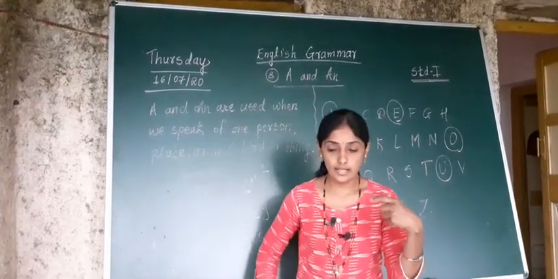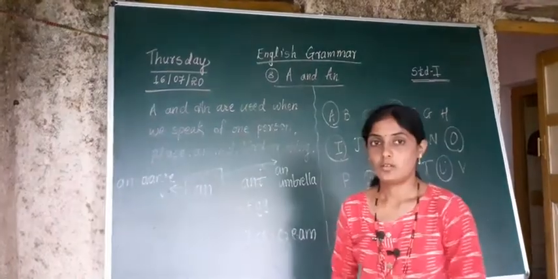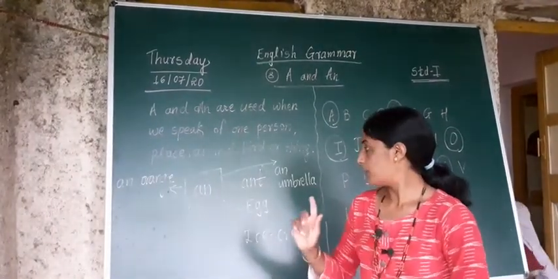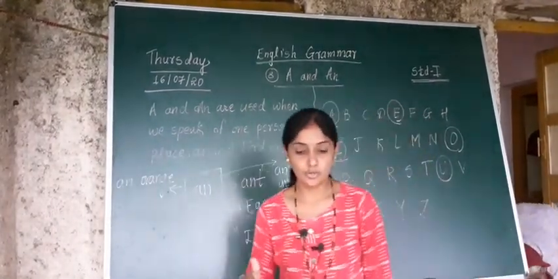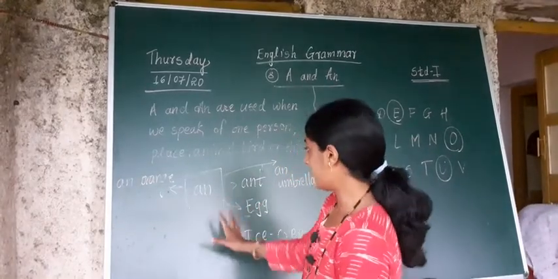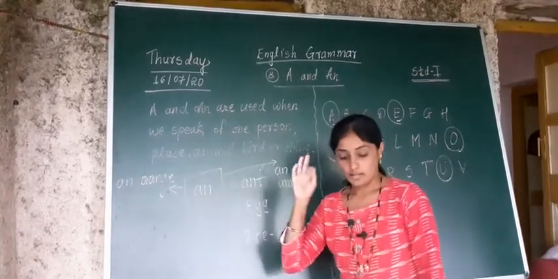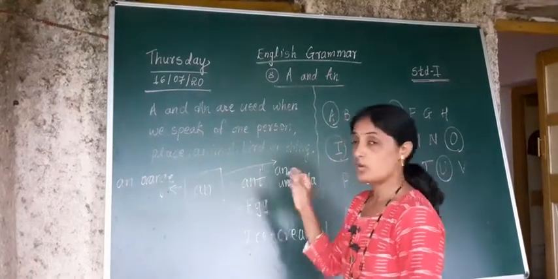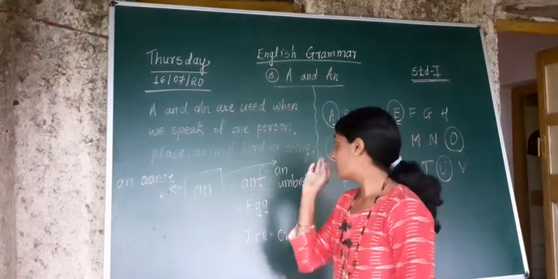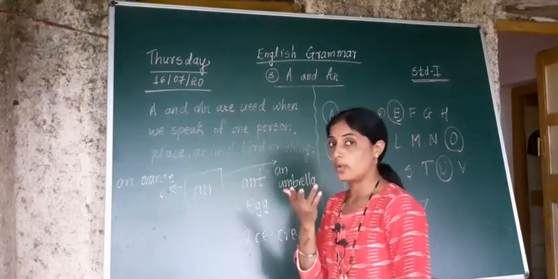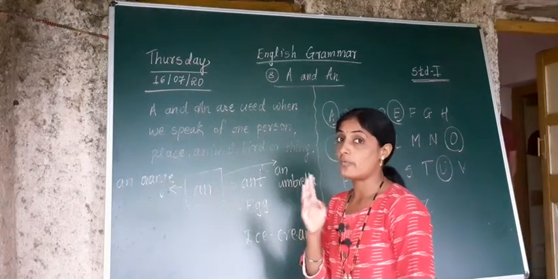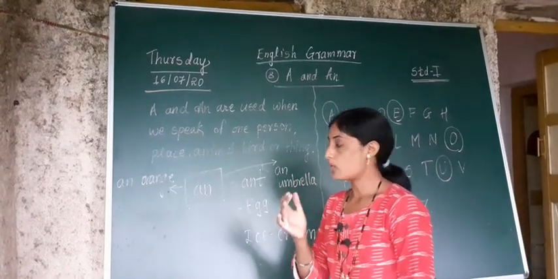Eraser, if I want to tell eraser, then okay students, before this it was not visible for you, so I have written it again. An article we use before which words? The words which sounds vowel, A, E, I, O, U.